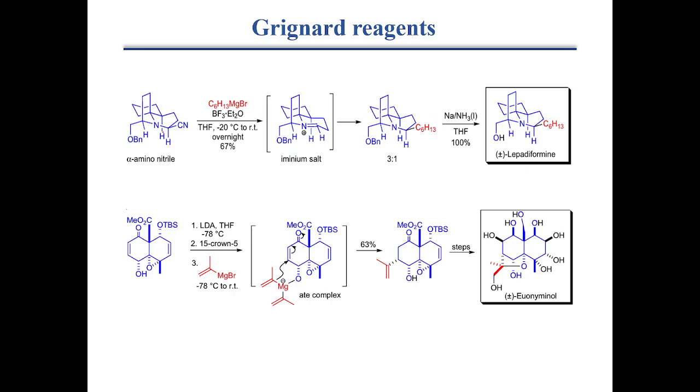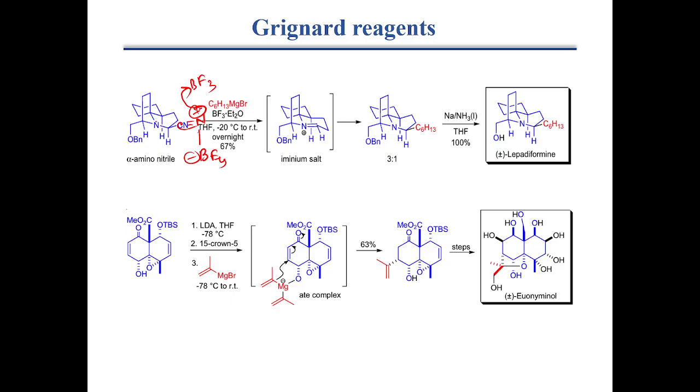So this is an example of Grignard reagent in the preparation of a natural product. First, in presence of C6H13 MgBr and BF3 etherate. There is this cyano group, a triple bond. Now in presence of BF3, the nitrogen has a lone pair, and BF3 is a Lewis acid, as we all know. The nitrogen can react with the boron and activate this way, giving BF3 minus.